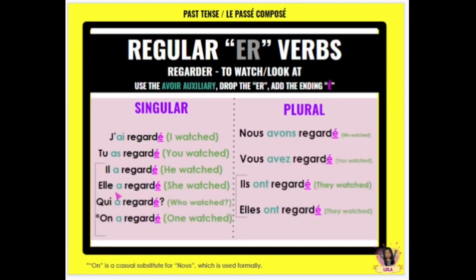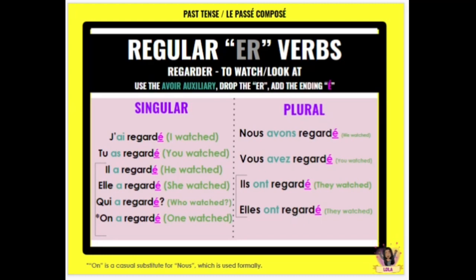So here you can see at the beginning we have our subjects or our pronouns. Then in blue over here we have the auxiliary from the verb avoir in the present tense. And then we add the past participle of regarder to all of them. And we've taken off the ER and simply added an E accent aigu on each one.